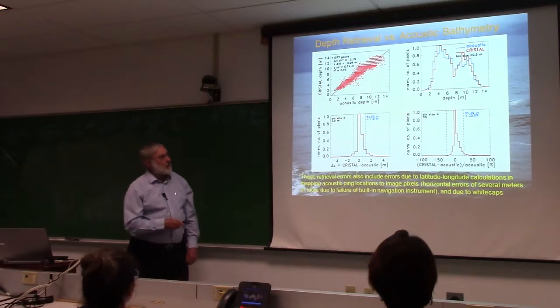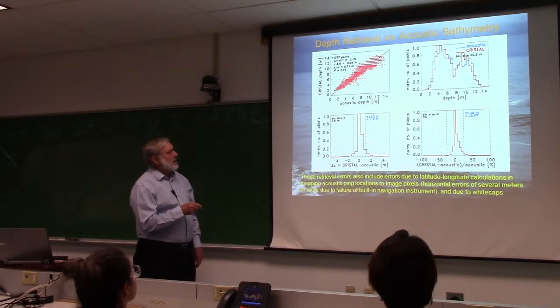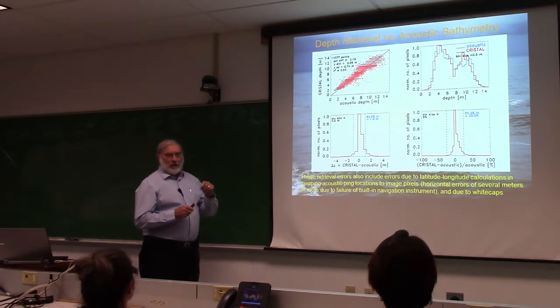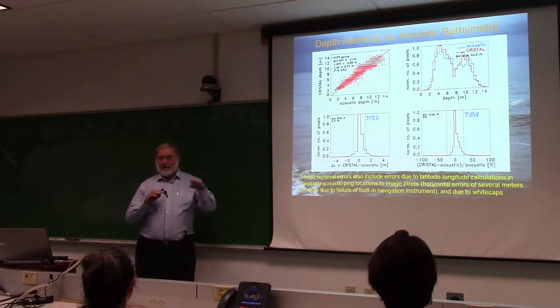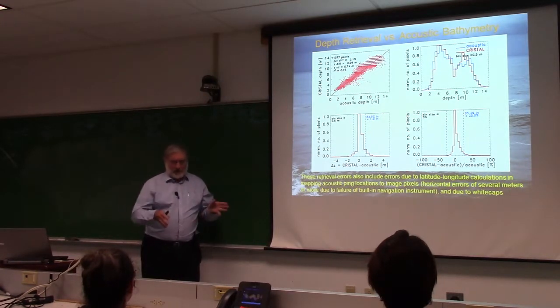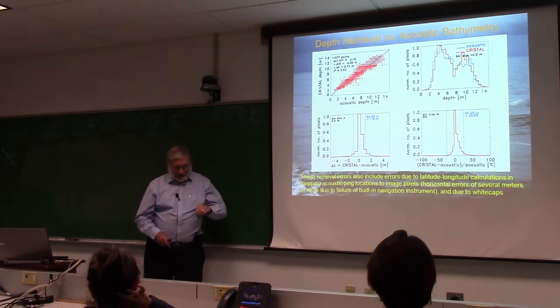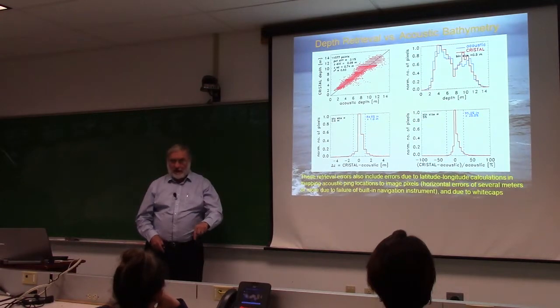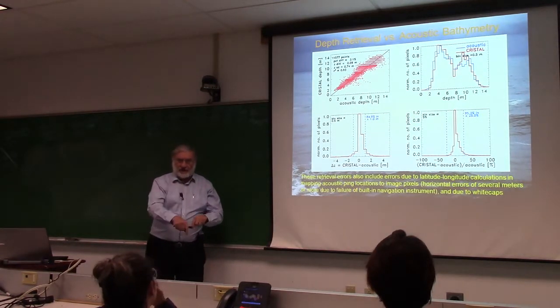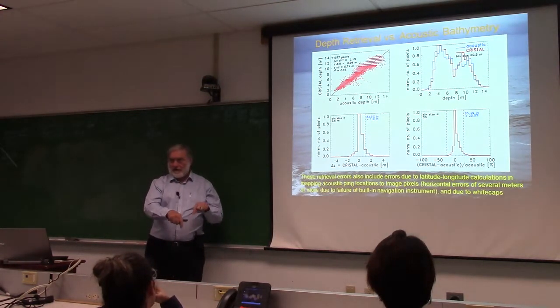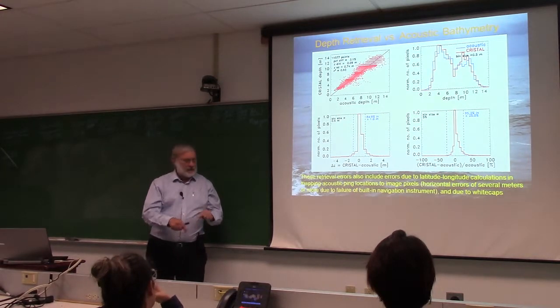There's also, when you look at these really bad outliers, what happened when the airplane flew over. It has this inertial navigation system, and it failed that day. So it was hard to match exactly the pixel in the image to exactly the latitude and longitude of the acoustic spot.